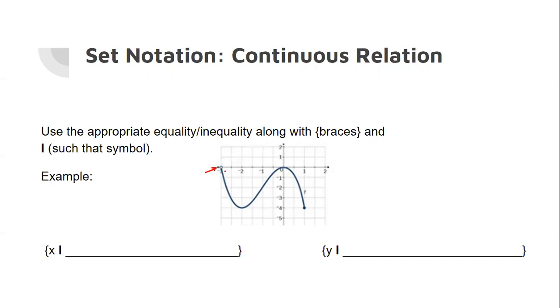So notice here, I have an open circle. Because it's open, that means I'm either going to be using less than or greater than. So here at -3, 0. Here at 1, -4, it's a closed circle. It's closed, which means that I'm going to be using less than or equal to or greater than or equal to.